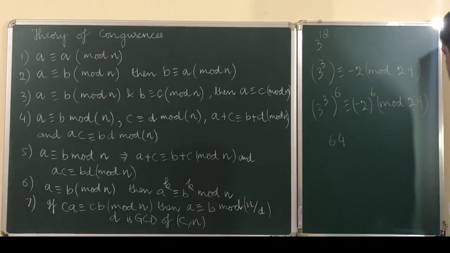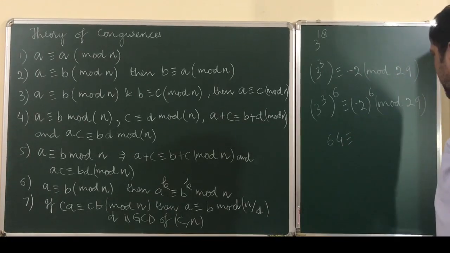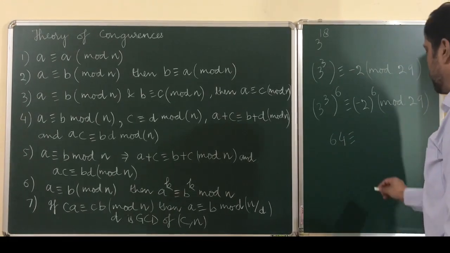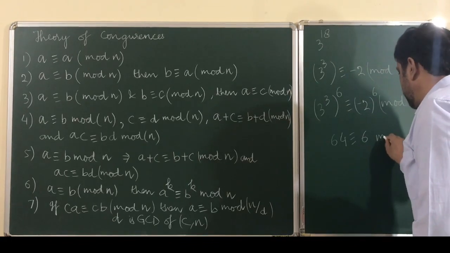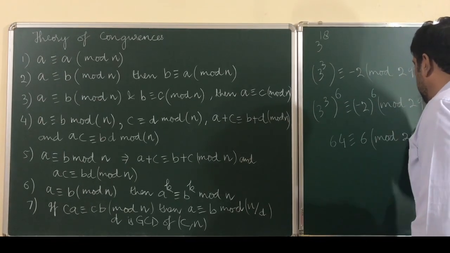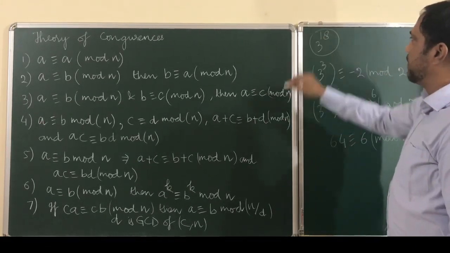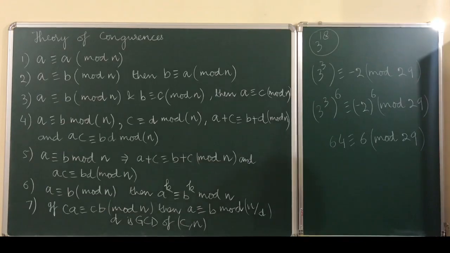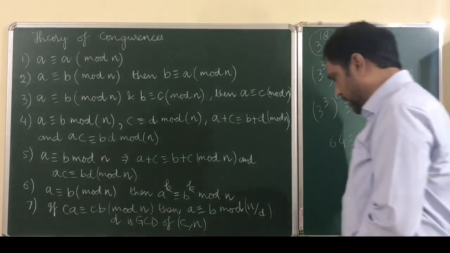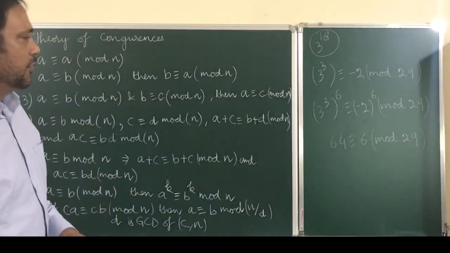When 64 is divided by 29, we get 58 and then 6, that is 6 modulo 29. So 3 raised to the power 18 divided by 29 leaves remainder 6, and it is not divisible by 29. I hope it is clear to you.